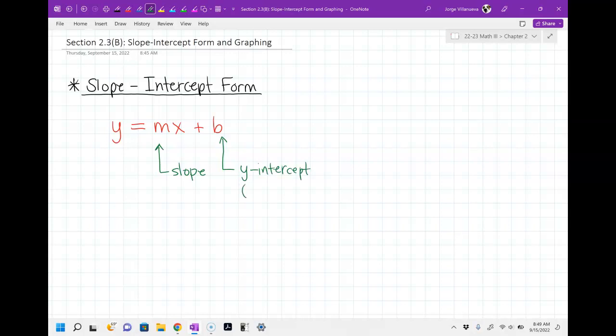Okay, and I'm going to put a little parenthesis here. This is a point on the y-axis. Okay, so y equals mx plus b.